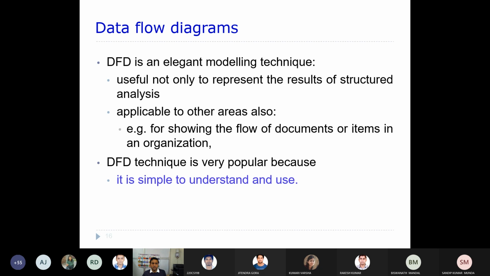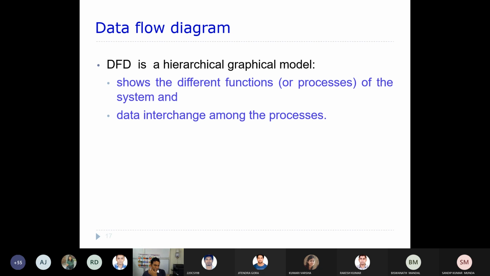It's a very popular technique. It is very simple to understand and use as part of our life. It's a very elegant modeling technique, and it is part of structured analysis. We'll see that with another example, then you will be able to understand.